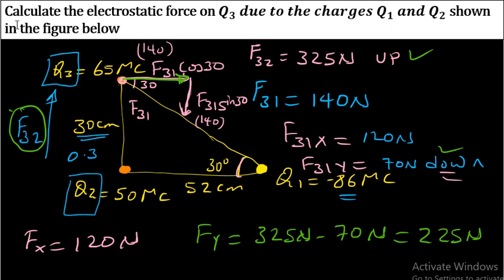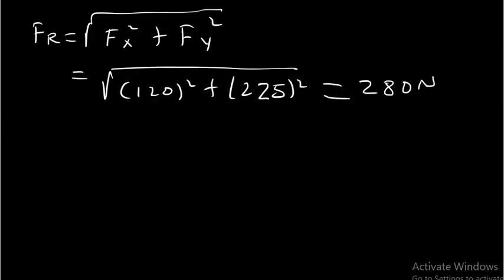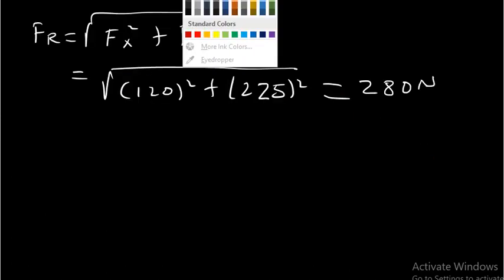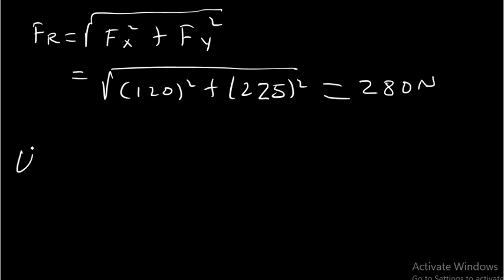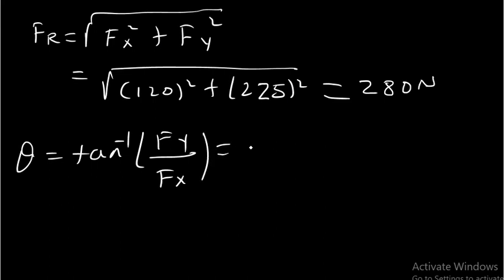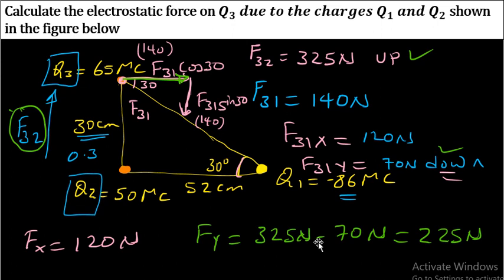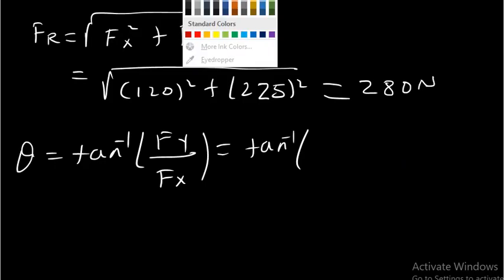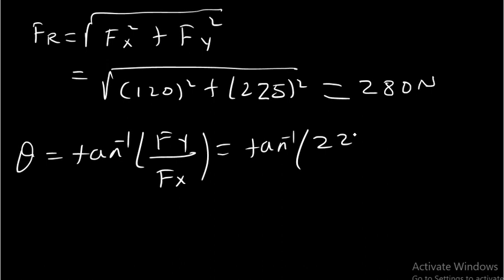But if we are interested to find the direction, what to do? The direction will be calculated. The angle theta will be tan inverse of the y component of the force over the x component of the force, which is tan inverse of 225 over 120.